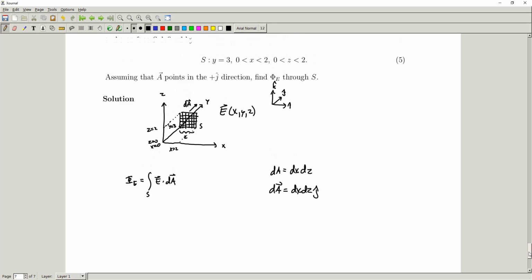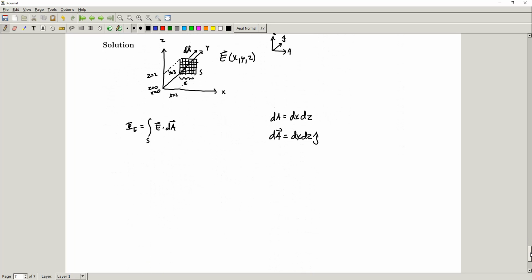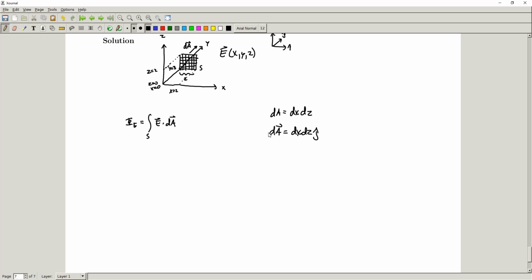We're told what E is up here. So let's just copy both of these down. We have our vector dA and we have our E, so let's copy them in here. I'm going to turn this into a double integral because integrating over the surface means that we're going to have to integrate from 0 to 2 in the x direction, from 0 to 2 in the z direction, and then we're going to have our E. So I'm just copying in the expression from above, which I have on a paper here, which is y squared i hat plus z squared j hat plus x squared k hat.